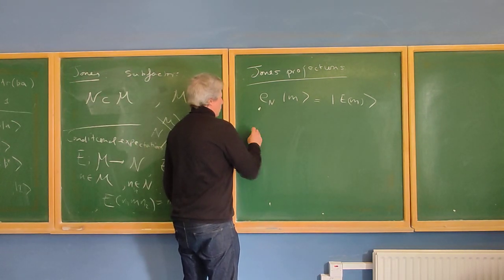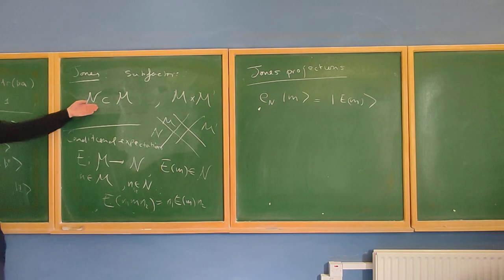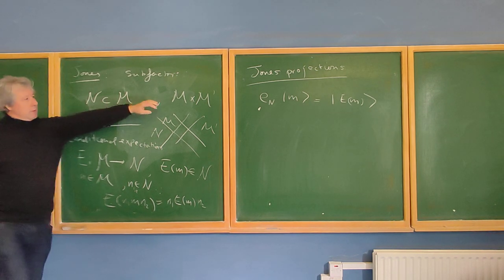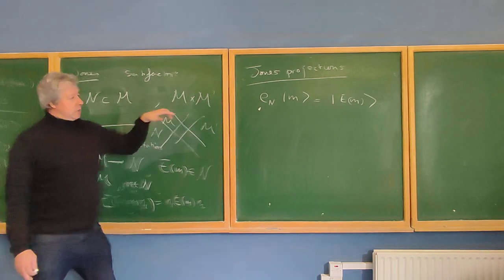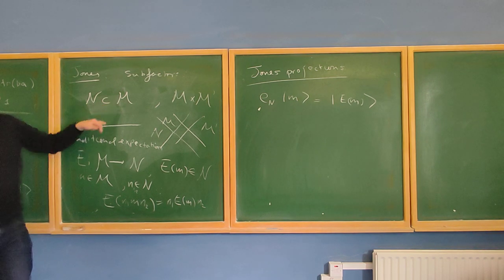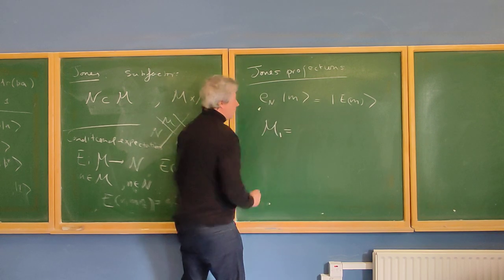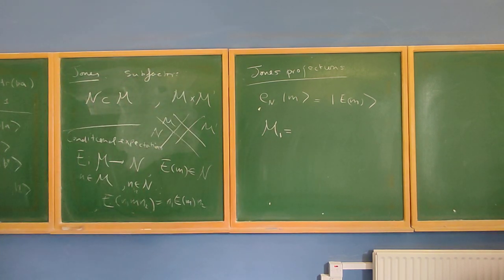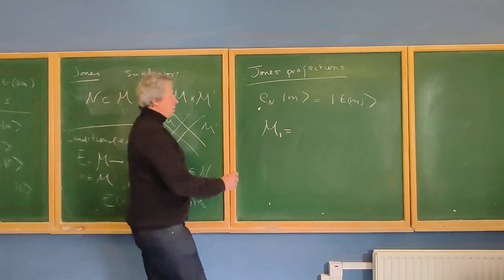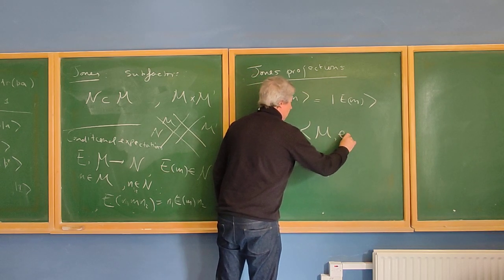We're going to start a sequence, namely I'm going to make an algebra which is even slightly bigger than N. When I have this projection, I can add this projection to the algebra N. So I'm going to make an algebra which we call M1, which is generated by all the elements in M, where I add also the projection.